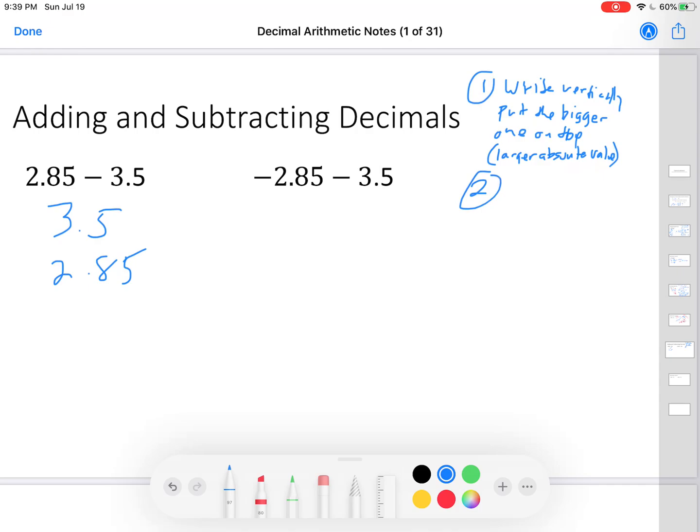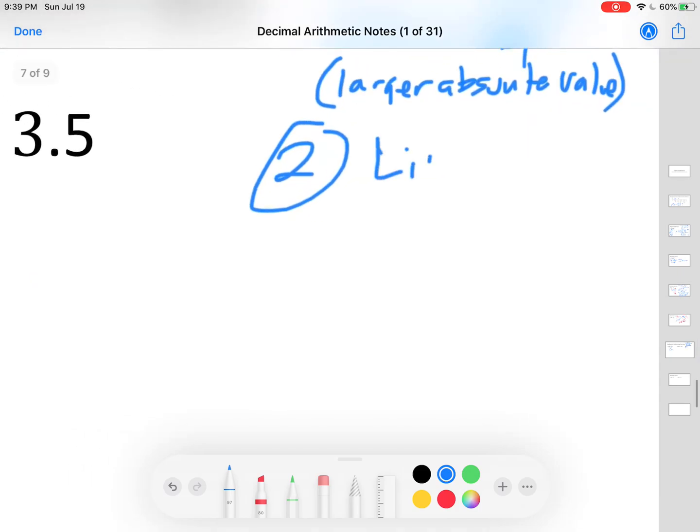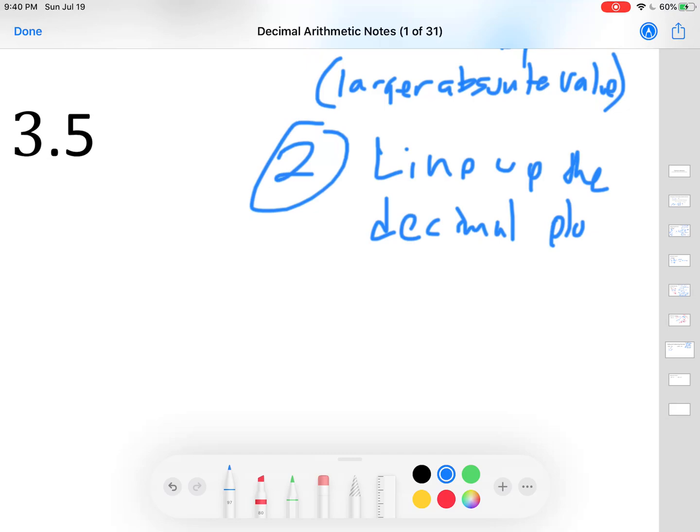Step 2, you have to make sure to line up the decimal place values.